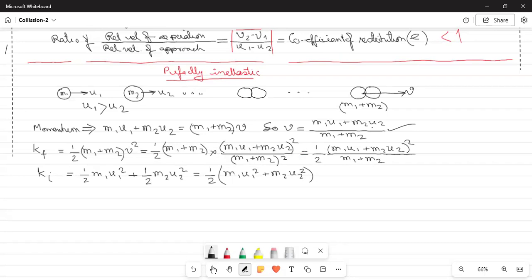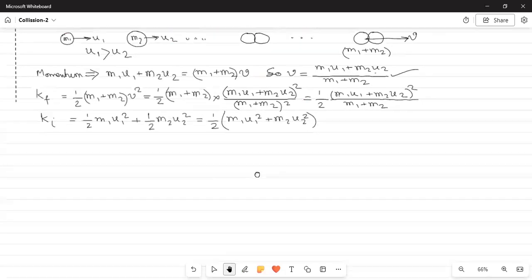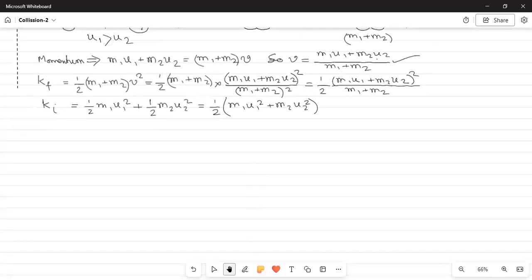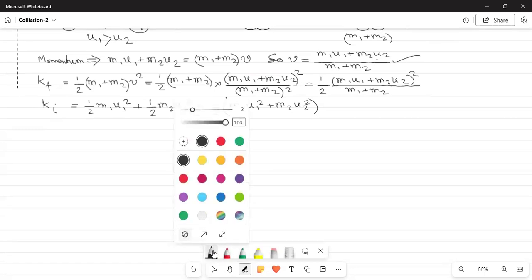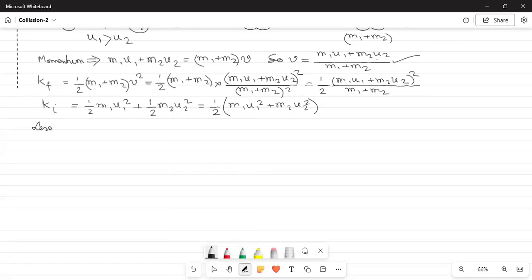Then we try to find out the loss of kinetic energy. How much is the loss? Loss of kinetic energy equals initial kinetic energy Ki minus final kinetic energy K.